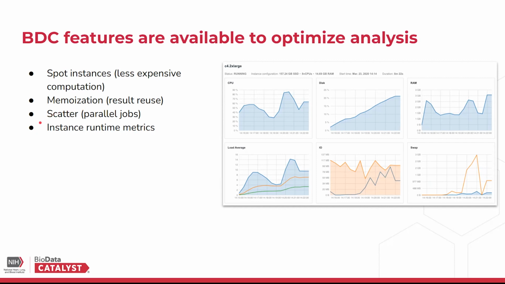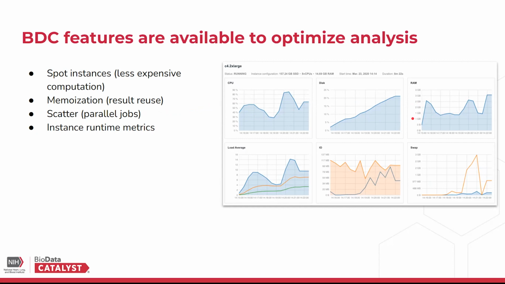Scatter is another feature I want to talk about, and I will mostly be focusing on this scatter technique, which is how you could make your jobs run in parallel and complete faster. And finally, instance metrics. The metrics are available for every job, and you should look at them.